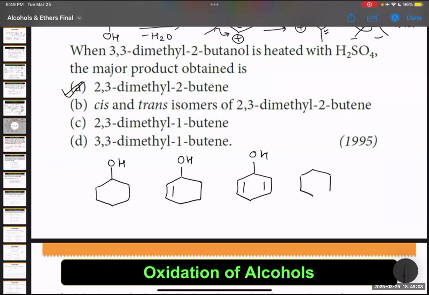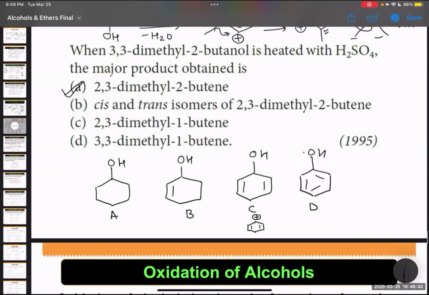Rate of dehydration, ease of dehydration means I'm asking you where the alcohol is going to get dehydrated most easily and with most difficulty among these. So as I told you, the rate depends upon the stability of the carbocation. If you have a more stable carbocation, the cation can form most easily and the alcohol will get dehydrated.